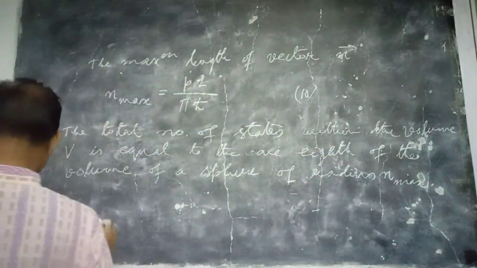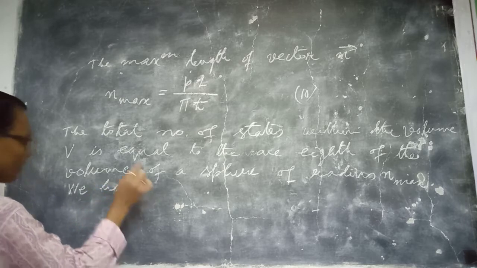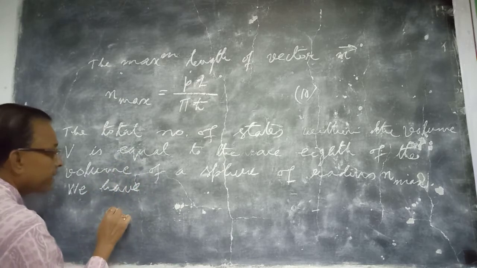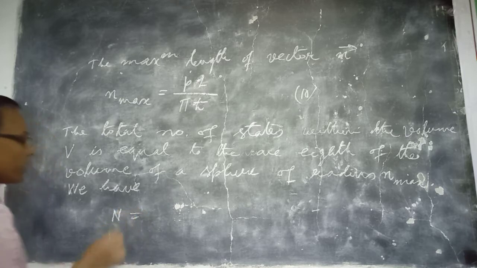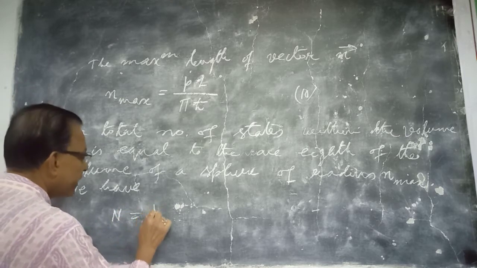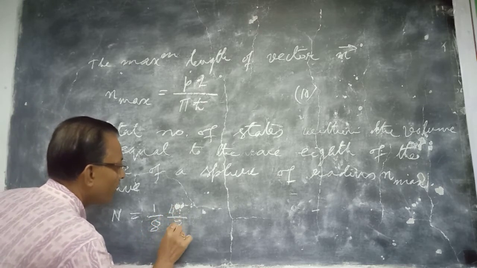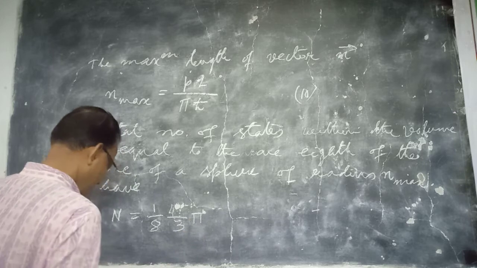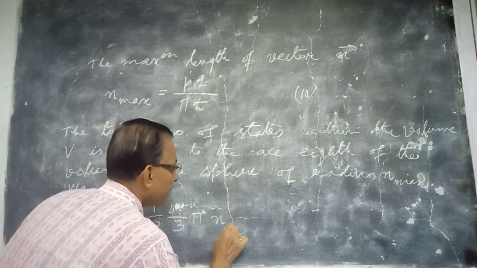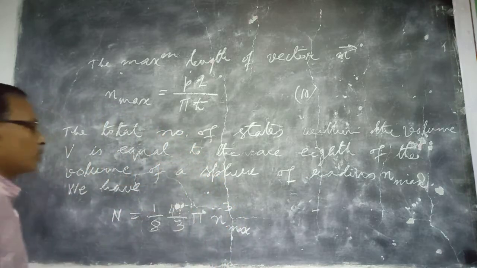Therefore the number of states n within a cubical box of length L is 1/8 times the volume of the sphere, 4/3 pi n max cube, 4/3 pi r cube.